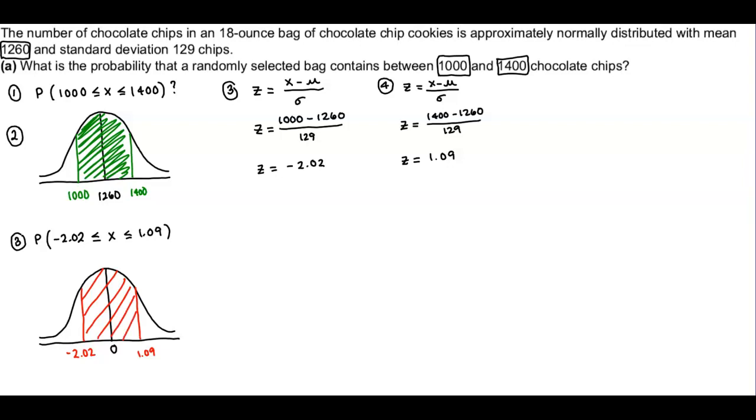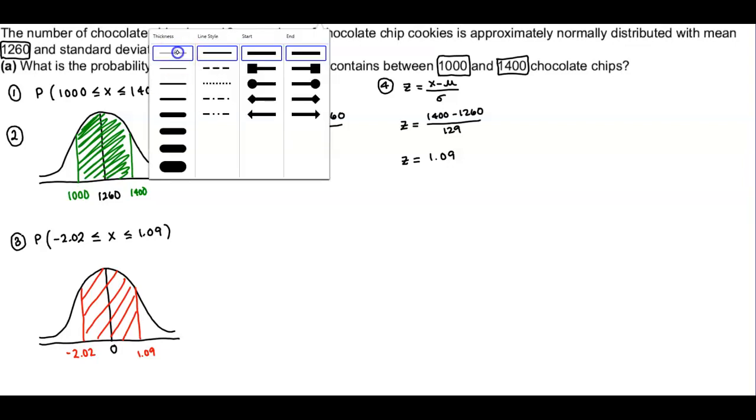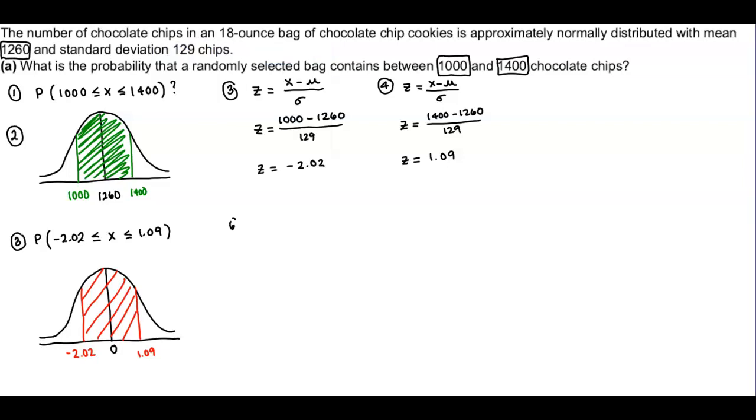If we want to use the table, then we first need to find the area to the left of the first z-score. We're going to call this z-score 1. So we want to find the probability of z1 less than or equal to negative 2.02.